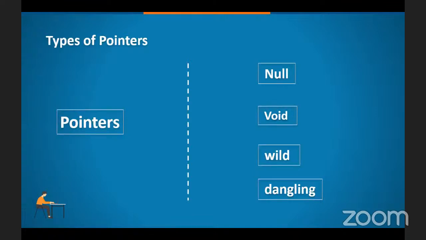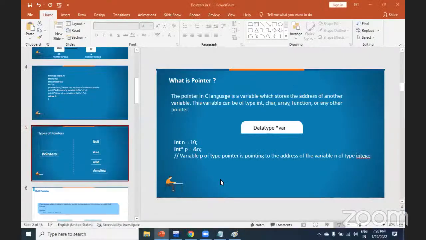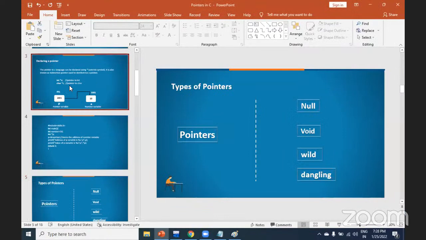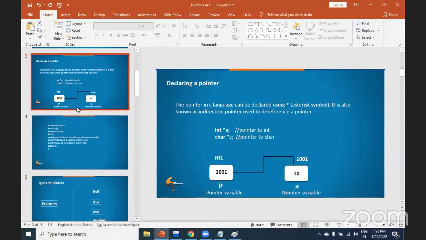Now, some people may think, what exactly is the purpose of this pointer? Why do I have to use these pointers? It is the same operation, either you can use it with pointer or without pointer, you are getting this, right? There are plenty of advantages while using this.